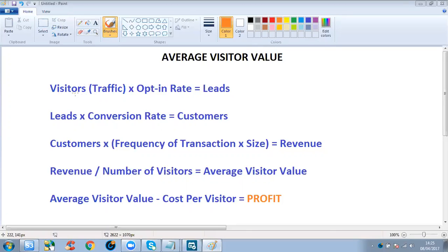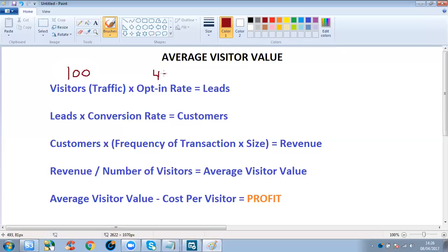So the first thing is visitors, which is your traffic to your website, times your opt-in rate, which is going to equal your leads. I'm going to give some examples as I go down. So let's say, for argument's sake, you send 100 visitors to your website. So that's going to be your visitors. And let's say your capture page converts around 40%.